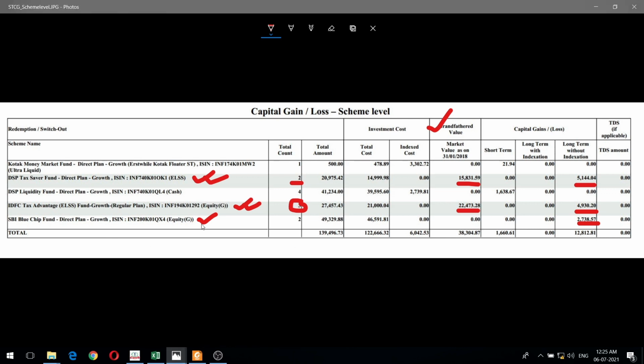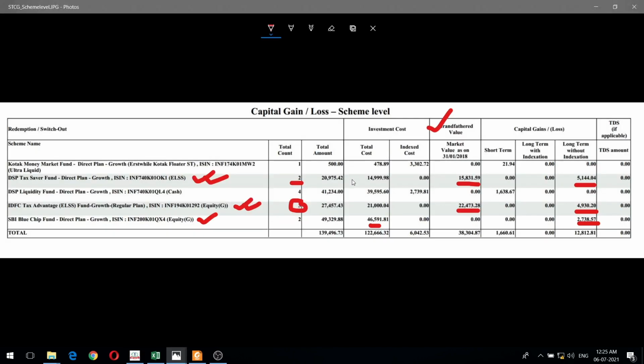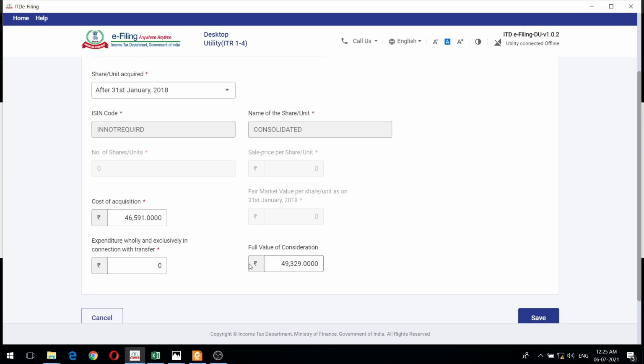Since I have only one scheme; if you have multiple schemes, you just need to sum it up, right? So the cost of acquisition is nothing but the investment cost, that is 46591, and the full value of consideration, that means the selling price, is 49329.